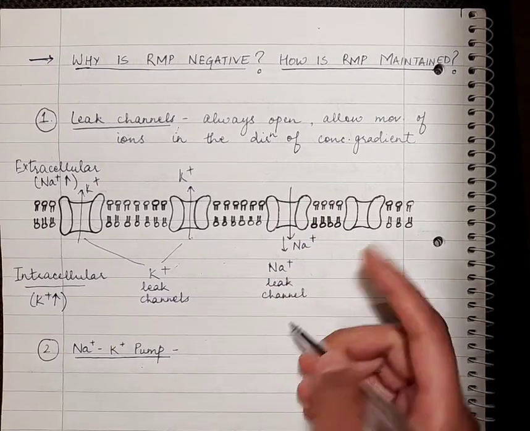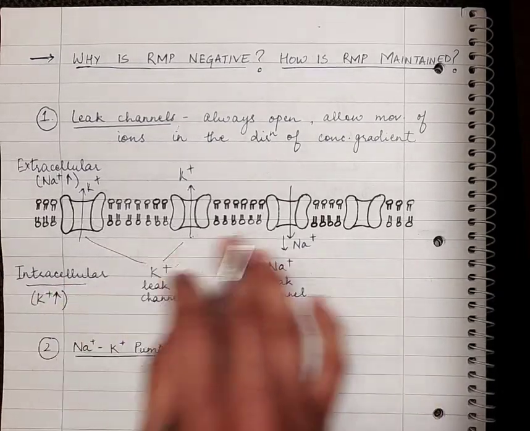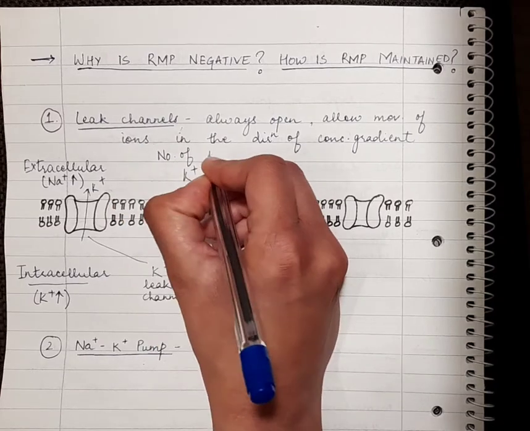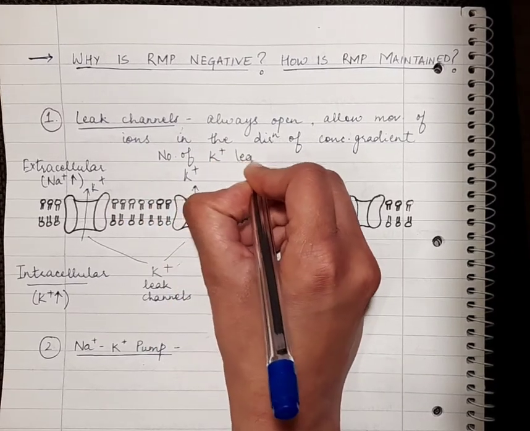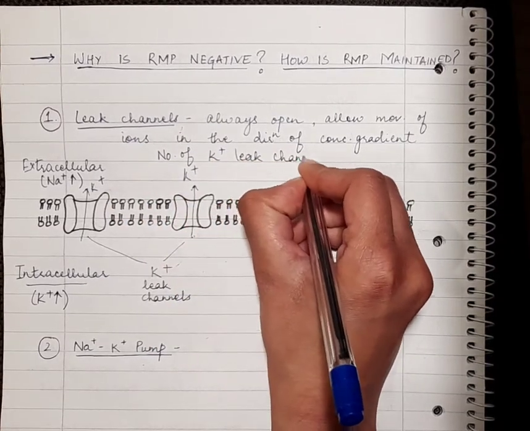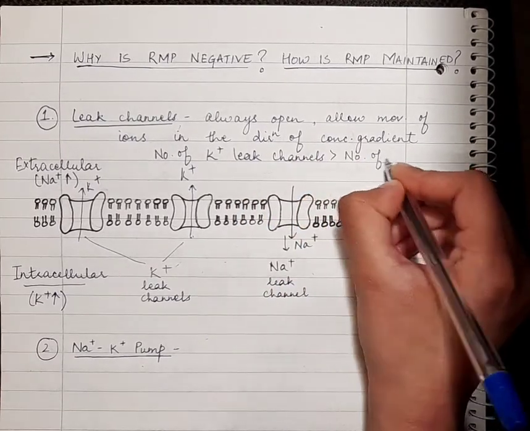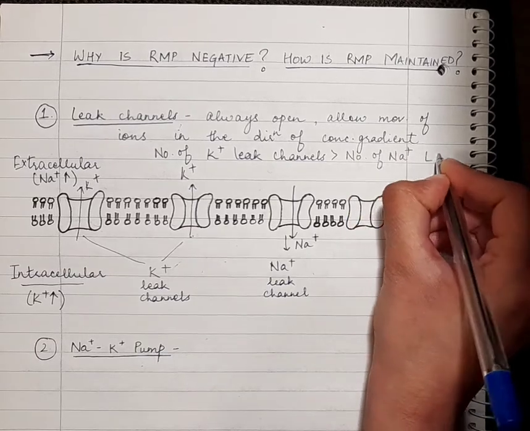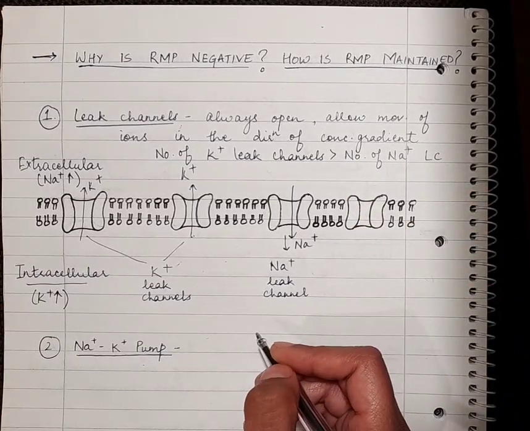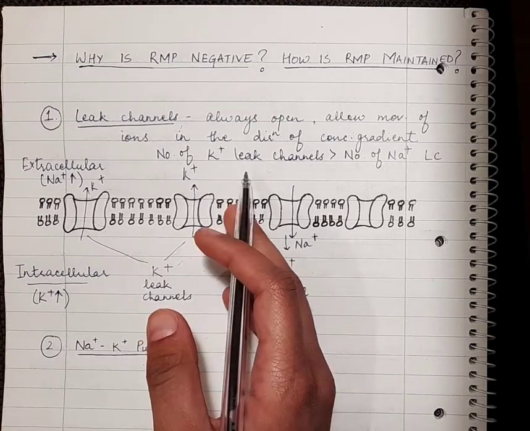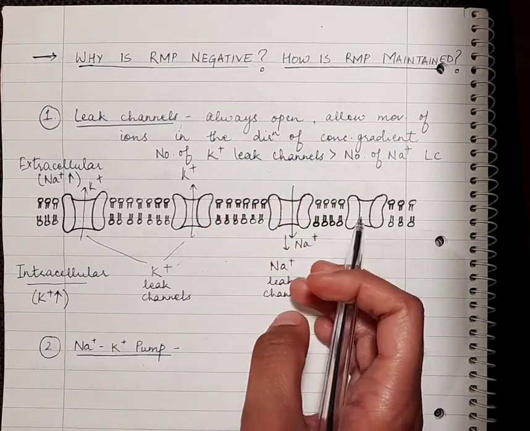Now what happens is that in the cell membrane, the number of leak channels for potassium is more than the number of sodium leak channels. So that means there is more potassium going outside the cell than the number of sodium coming in.